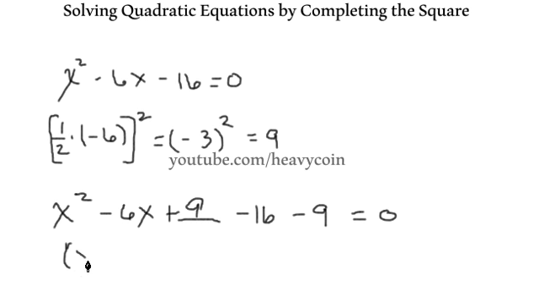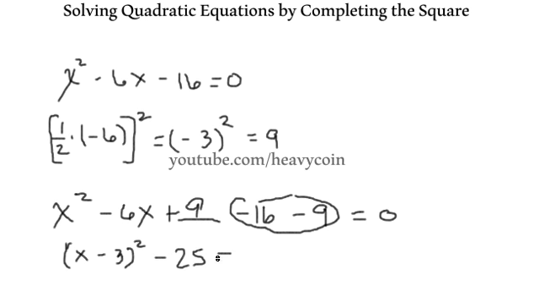Start parentheses. x, now we take a half of this number here, so that'd be -3 squared, and then we take this piece right here, which is going to be -25, and we write that right there, and set equal to 0. So this piece here is equal to our original at the top.